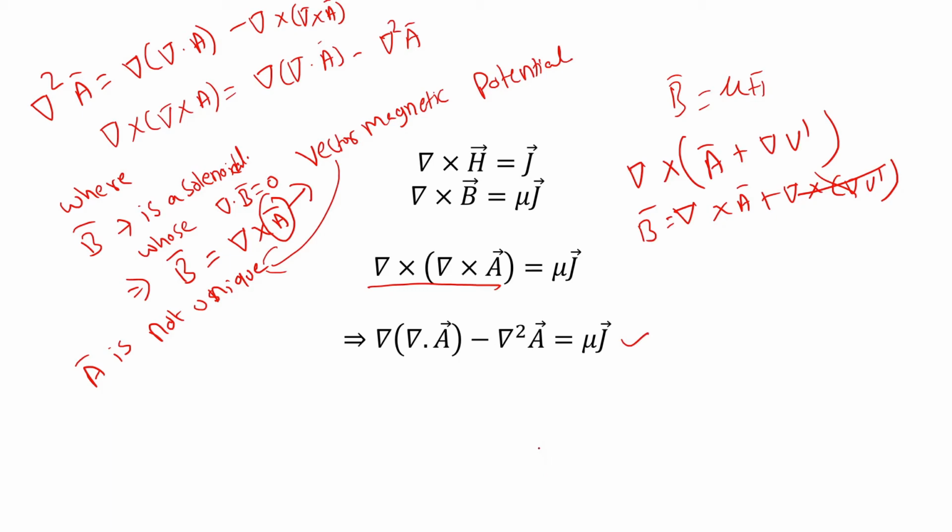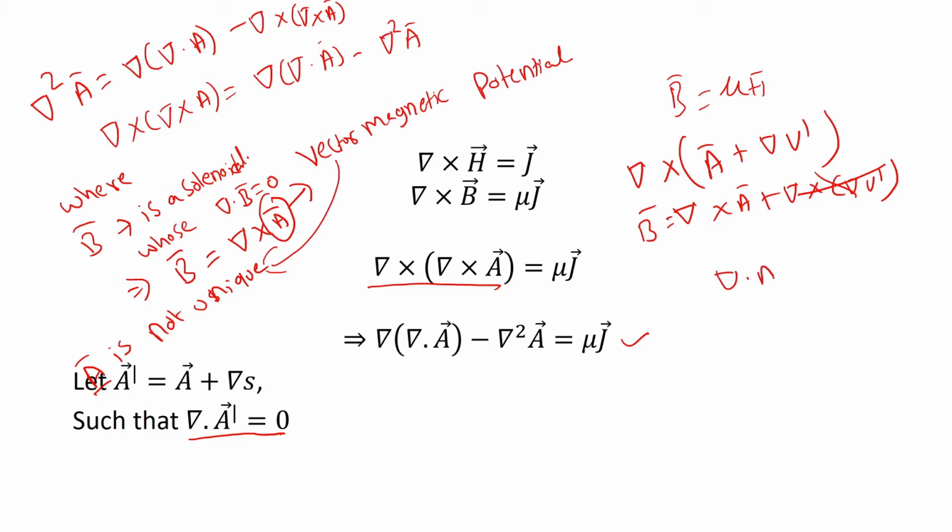Now, as I have already told you, this A bar is not unique. So, I write A bar prime to be equal to A bar plus the gradient of some scalar field del S, such that its divergence is equal to 0. How will its divergence be equal to 0?